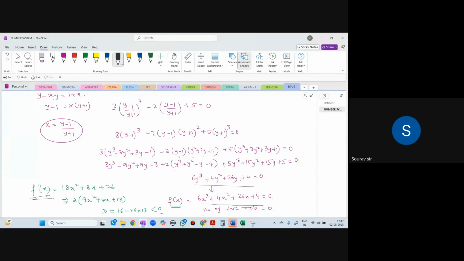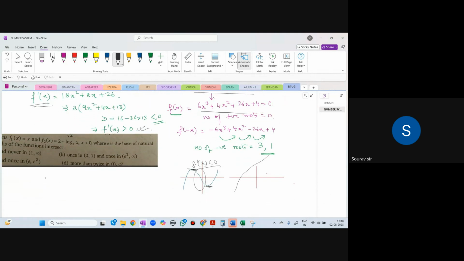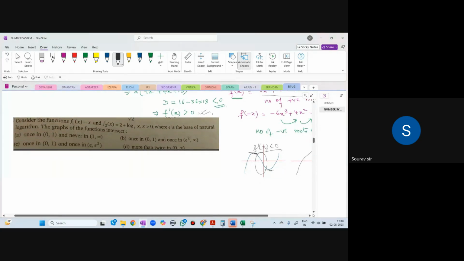Understood? So the combination of Descartes' rule and the first derivative is a very powerful concept to solve cubic equations.